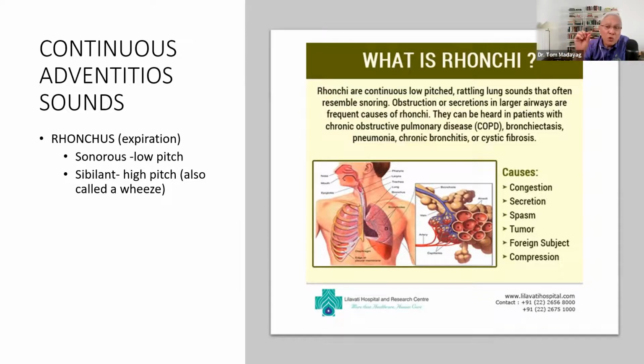But the first one, a low pitch, indicates that there are secretions in the larger airway. When there is a high pitch, also known as a sibilant rhonchi, then there is, in addition to that, narrowing of the airway. Okay? So those are the main differences.